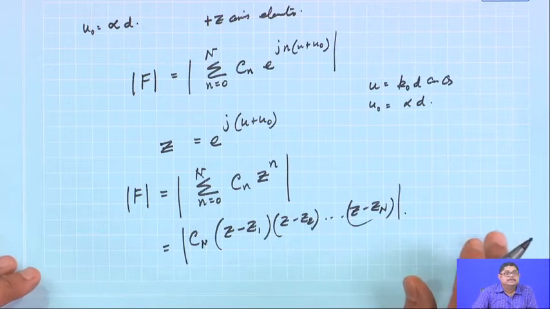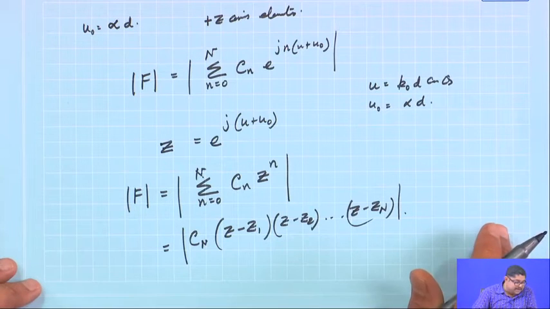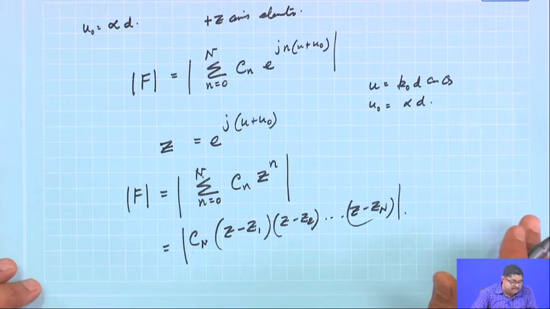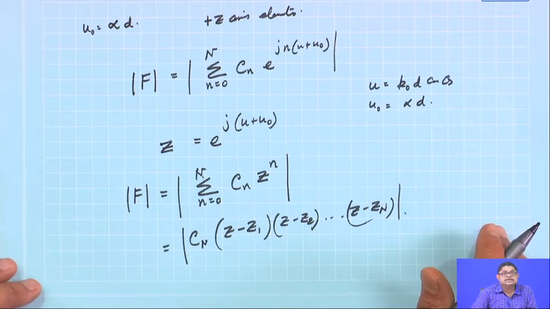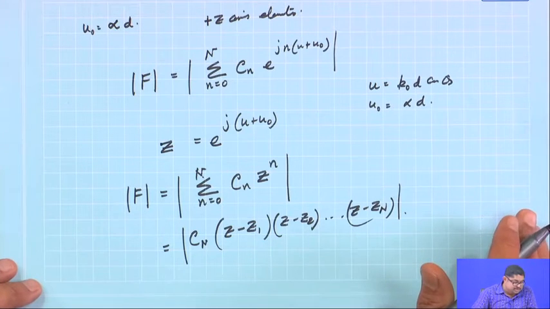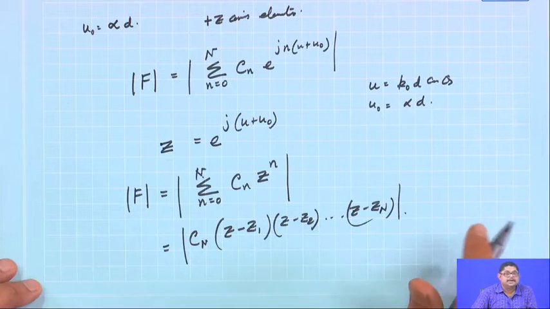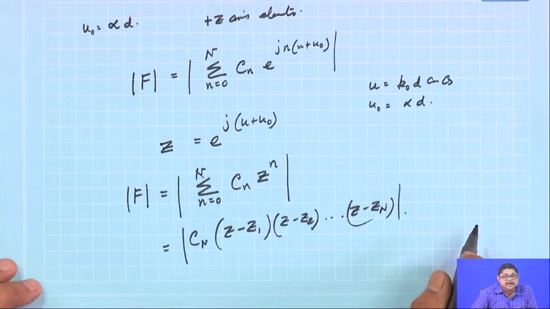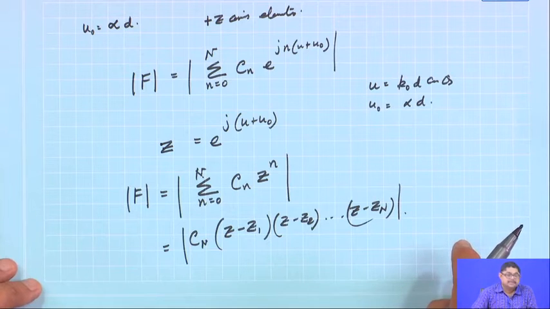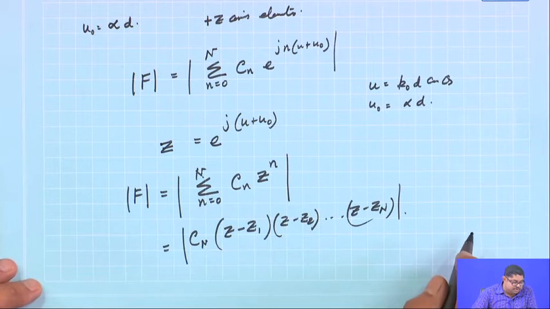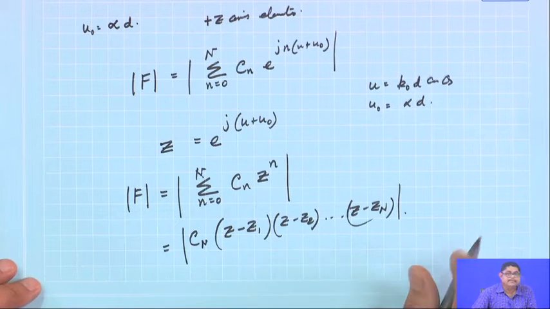Thus, we say that the array factor of an n plus 1 element array is the product of the array factors of capital N number of 2 element arrays superimposed to produce nulls at the zeros of f.